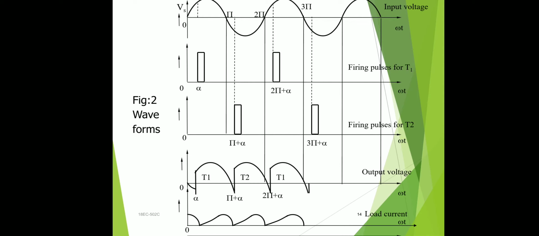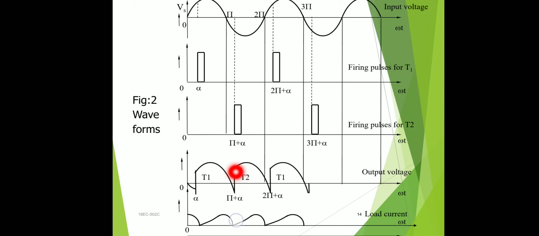The same is applicable in this circuit also. Here, up to pi, V0 is positive. From pi to pi plus alpha, it is negative.